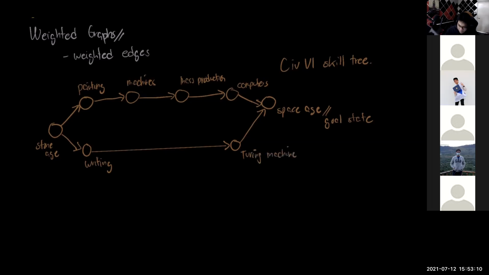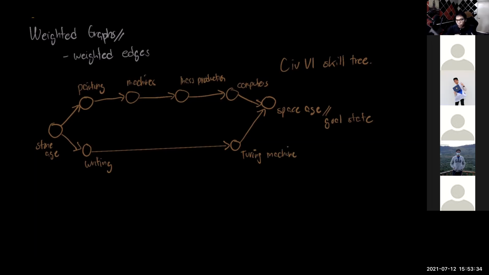Because technically we can compute using machines. So what if history took a different route? We did not discover transistors. We just took writing, developed machinery out of that to build computers, and through a buttload of Turing machines, we get to the space age. So let's say this is how history progresses. It absolutely does not make sense, but let's go with it for the sake of this analogy.